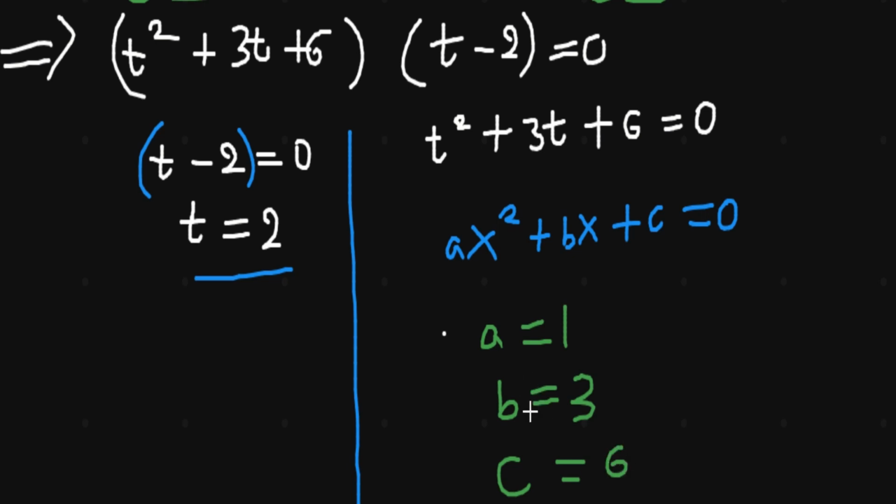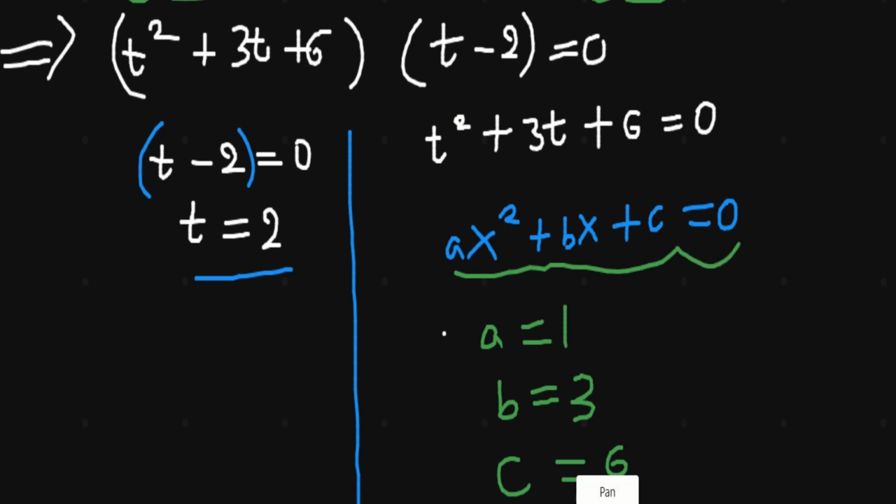So a is equals to 1, b is equals to 3, and c is equals to 6 here. So this t square plus 3t plus 6 is equals to 0 is in the form ax square plus bx plus c that is equals to 0. So this is called a quadratic equation.